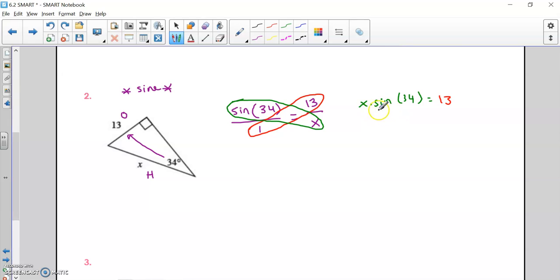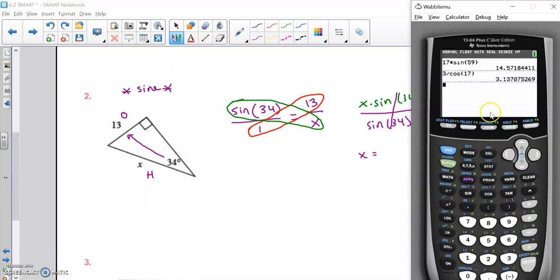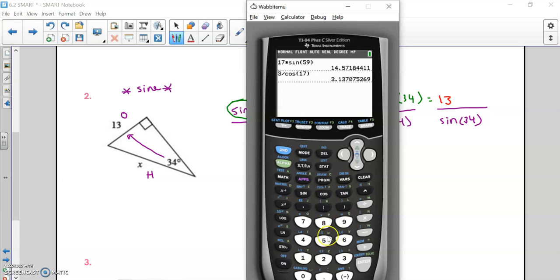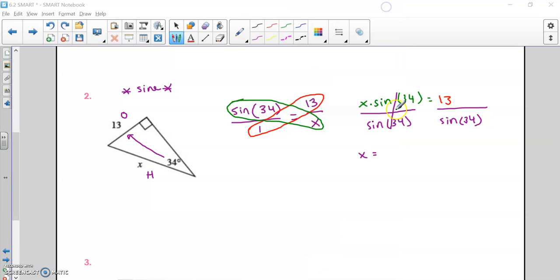Again, just like the last problem, in order to get x alone, we need to divide both sides by sine of 34, so that these cancel. So my answer is going to be whatever I get when I type 13 divided by sine of 34. Okay, I got 23.247, so I'll say 23.25.